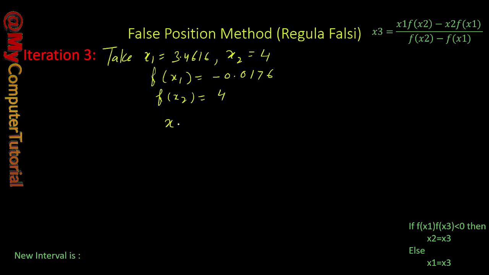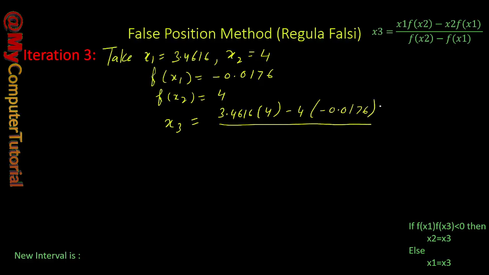So x3, by using this formula, will be equal to 3.4616 multiplied by 4 minus 4 into minus 0.0176, substituting the values of all these variables, divided by 4 plus 0.0176, which is equal to 3.4640.